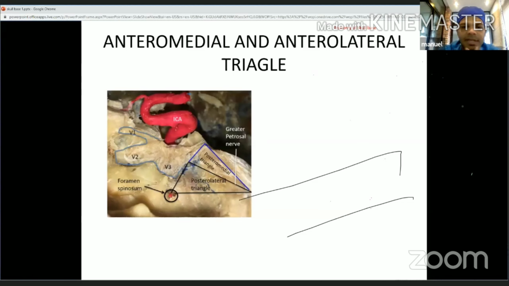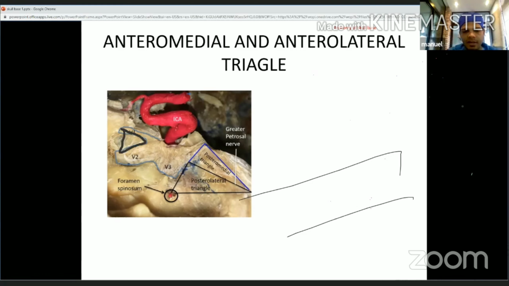So yeah. Between the ophthalmic nerve and the maxillary nerve, we're going to have this triangle. This really is a triangle, the Mullan triangle. So we have the Mullan triangle or anteromedial triangle. The limits are the ophthalmic nerve, superior and lateral, the maxillary nerve, and the superior orbital fissure to foramen rotundum.